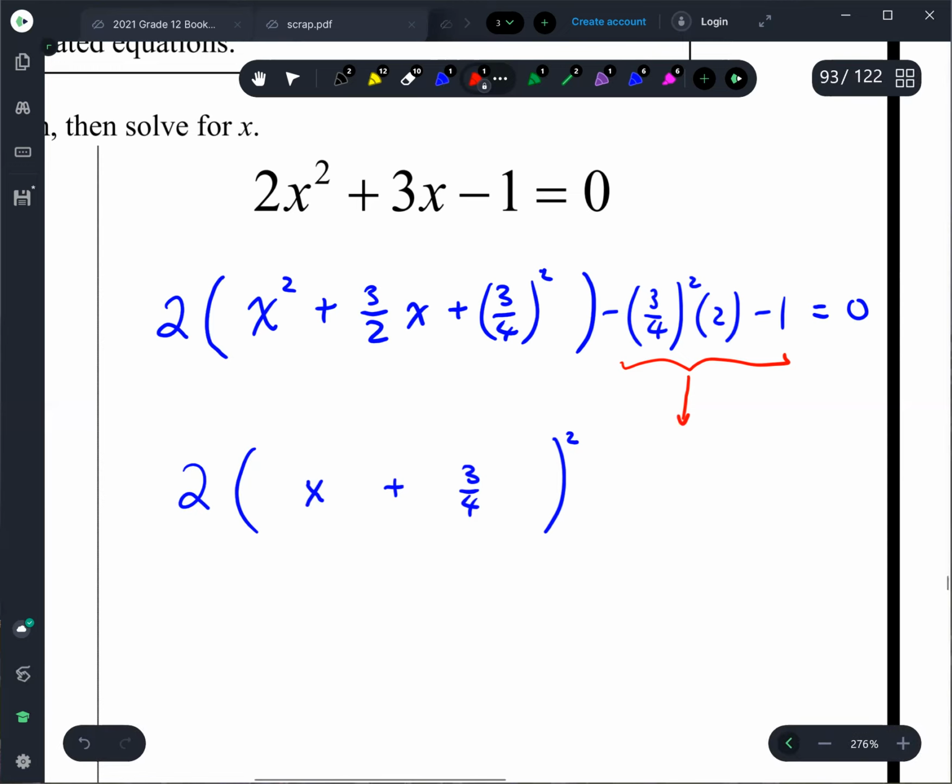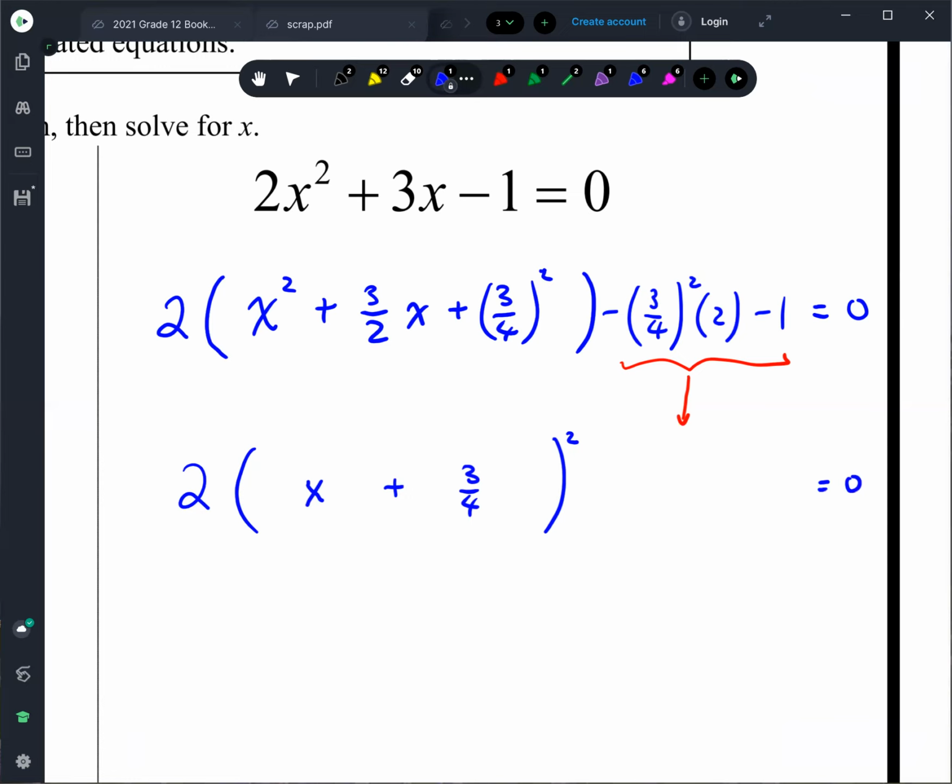Okay, if you got that part, please raise your hand. Follow the order of operation.